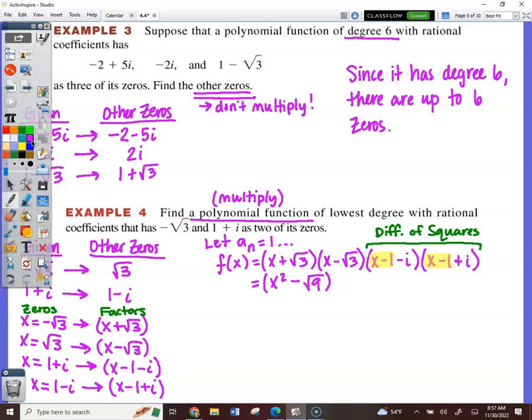And if you think that there's a chance you're not going to see the difference of squares shortcut, then go that route right now. But if you think there's a chance you're going to see the shortcut, then let me indulge you and show you how to get there. What was the shortcut? First times first, last times last. That was it, right?